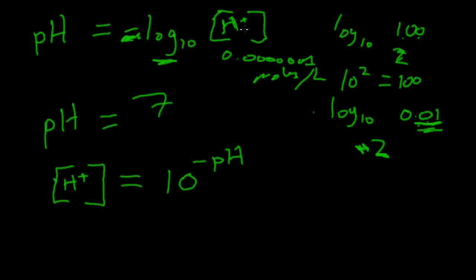And that's just the reverse of this equation, something you'll deal with in certain maths courses. Log 10 converts around to 10 to the power of, if you want to get the thing that it operates on. So that's how the logarithmic scale works, and that's how you calculate it. pH equals negative log 10 of the concentration, and the concentration equals 10 to the power of negative pH moles per liter.